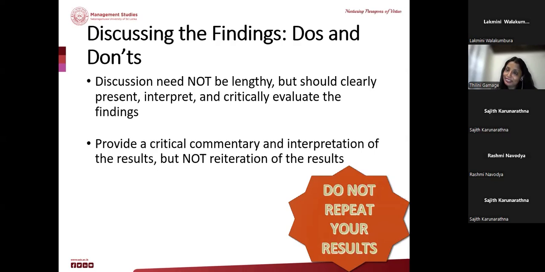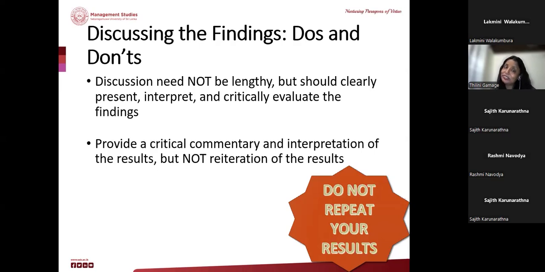More than that, we expect you to present your findings in a brief and concise manner. And most importantly, you need to interpret your findings. What does it mean? That's the most important thing. Even a layman, a person who may not understand the rigorous statistical analysis that you did, or your qualitative analysis methods, should be able to understand the findings once you interpret them.